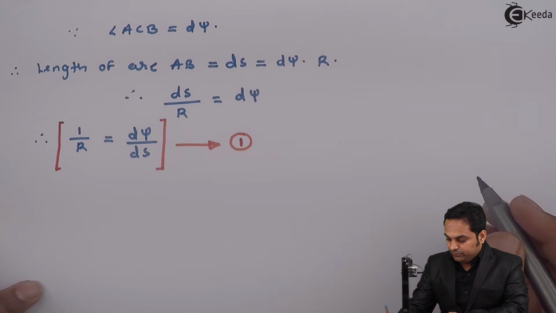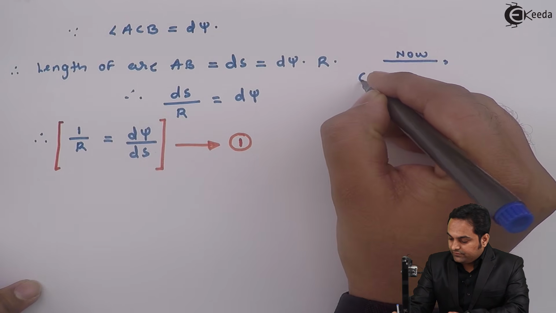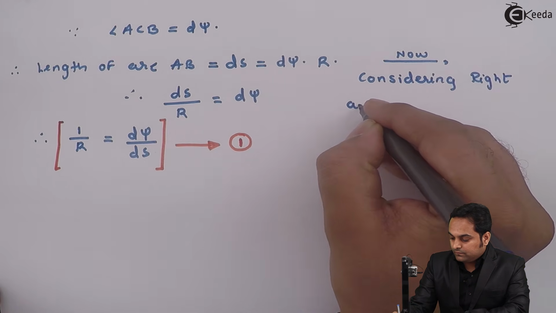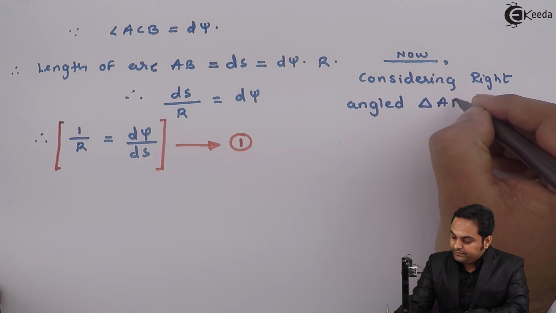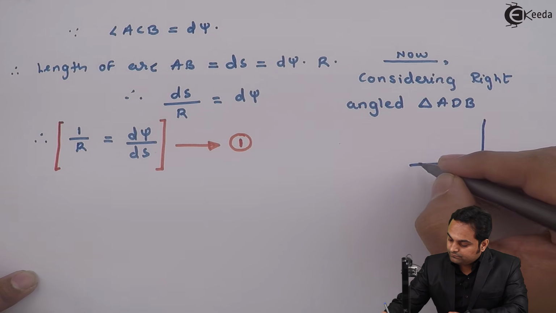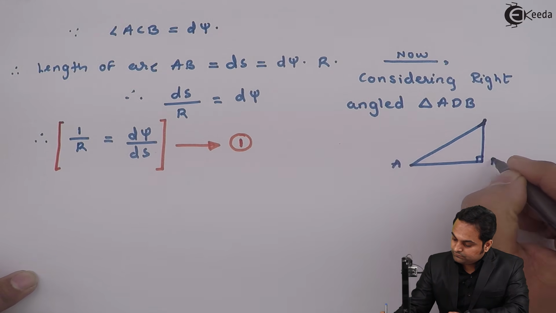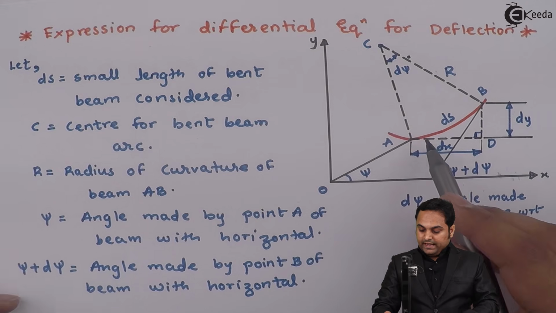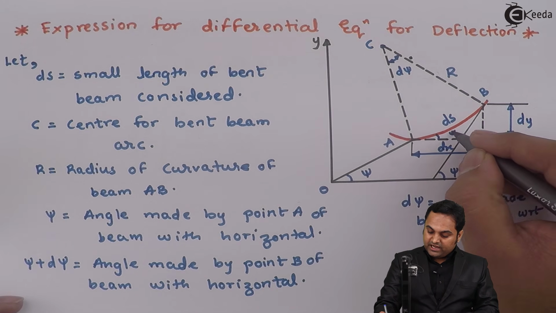So the next step would be, considering right angled triangle ADB, now in this the angle made here is nothing but equal to psi.